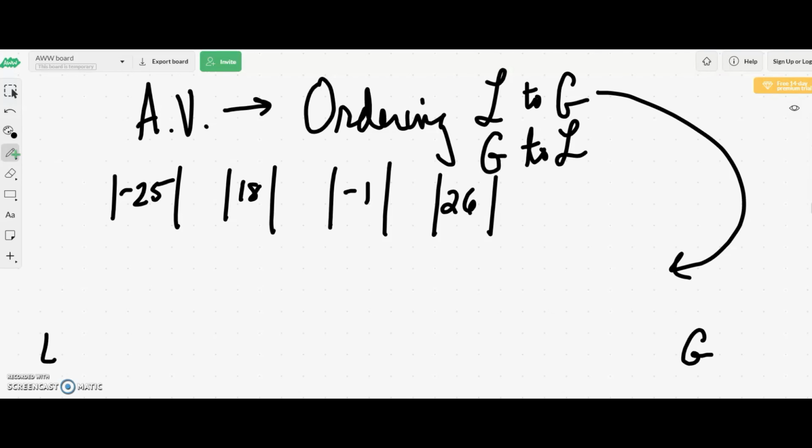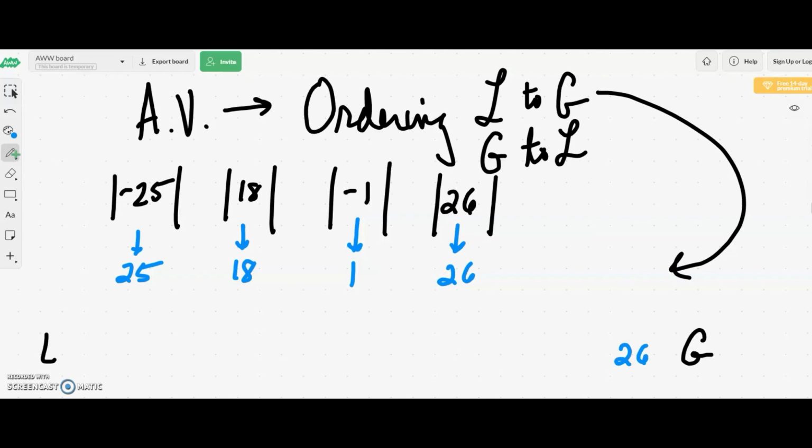If you want to keep this simple, strip down the signs. It becomes 25. It becomes 18. It becomes 1. It becomes 26. Okay, guys, come on, it's kindergarten. Tell me the biggest number you see there. The biggest number is 26.